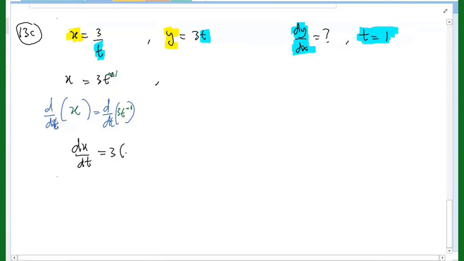So negative t to the power of negative 2, using the power rule. The answer is negative 3 over t squared.